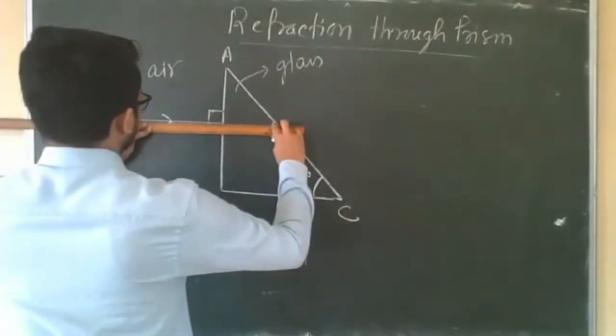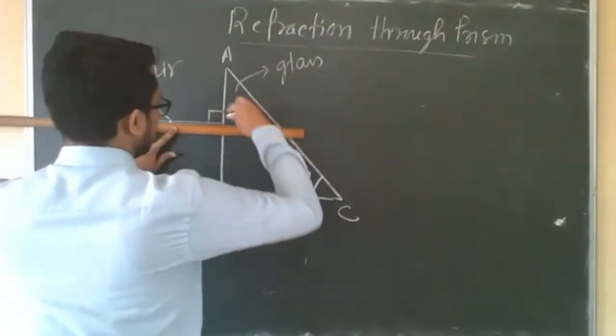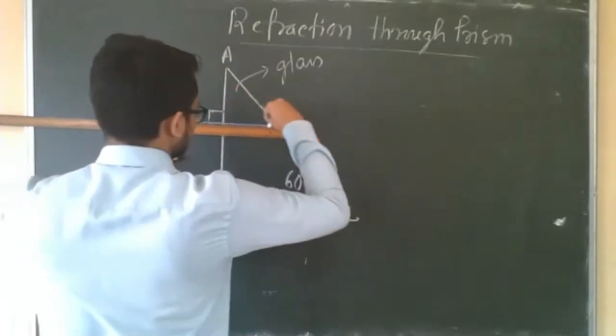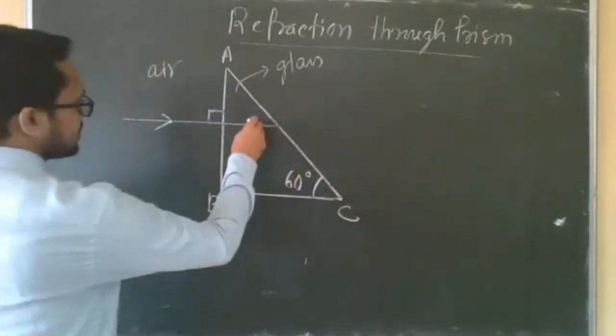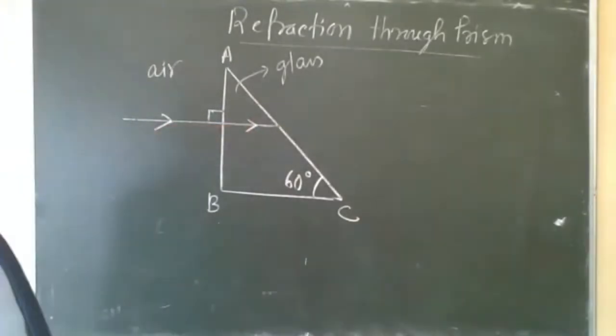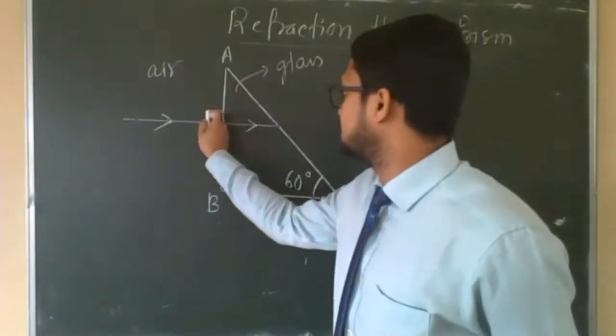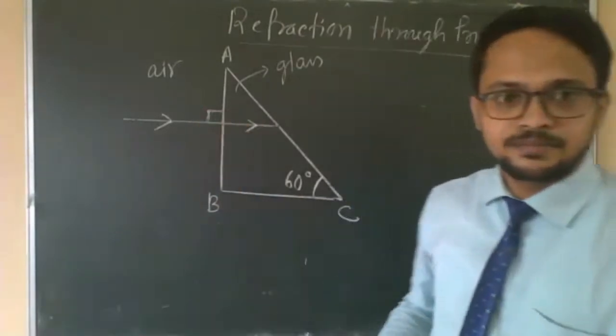It is along the normal, so it will not bend towards or away from the normal. It will go undeviated. Yes, it is normal incidence. Here I have marked the normal, 90 degree.